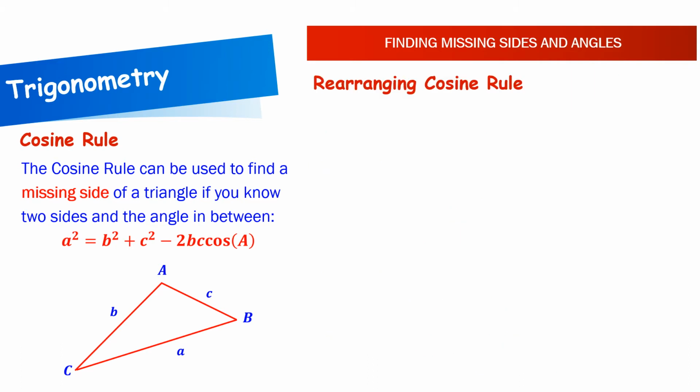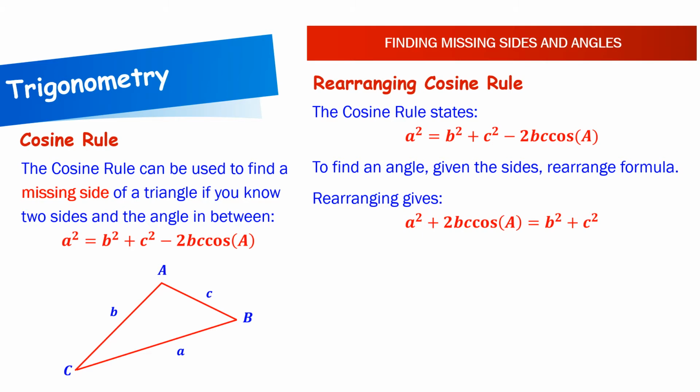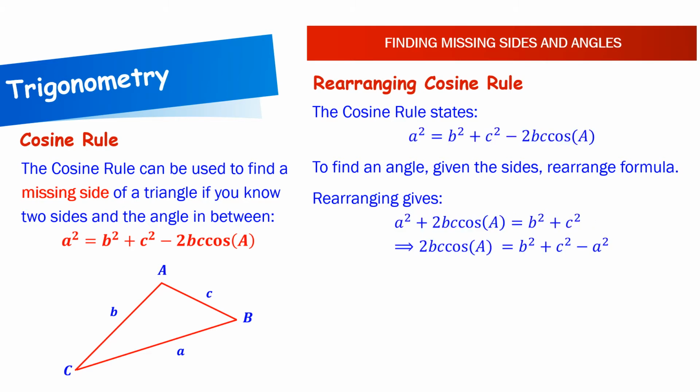So now let's rearrange the cosine rule. The cosine rule states a squared equals b squared plus c squared minus 2bc cos A. To find an angle given the sides, rearrange the formula, as shown. And then subtract a squared from both sides.